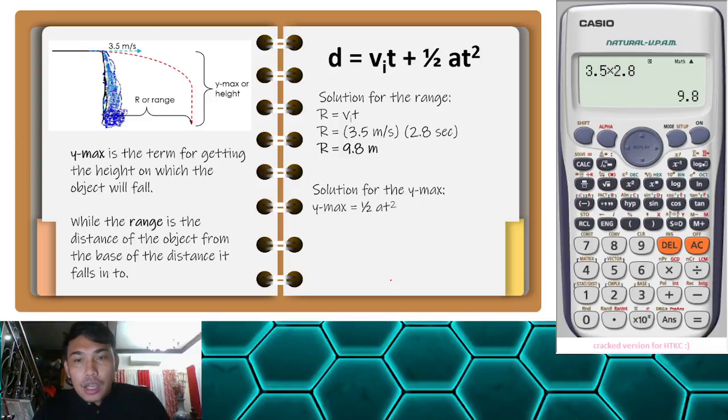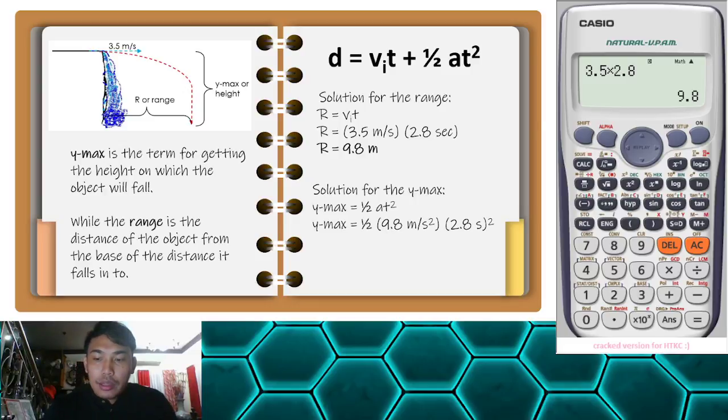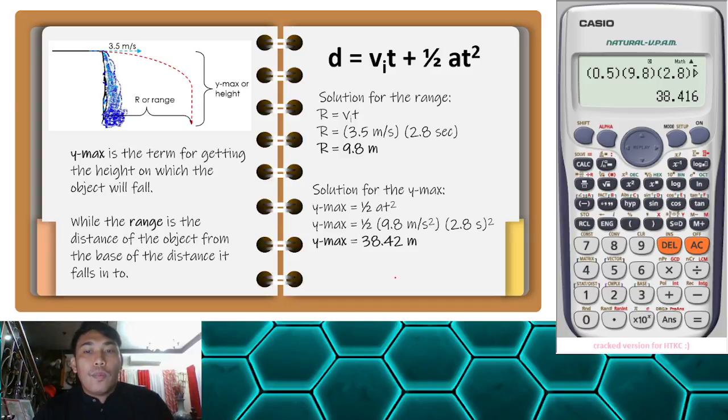Okay, so for the y max, using the formula one half a t squared, direct substitution of one half times 9.8 for the gravity, and 2.8 seconds squared, we will arrive at the answer of 38.416, or 38.42 meters.